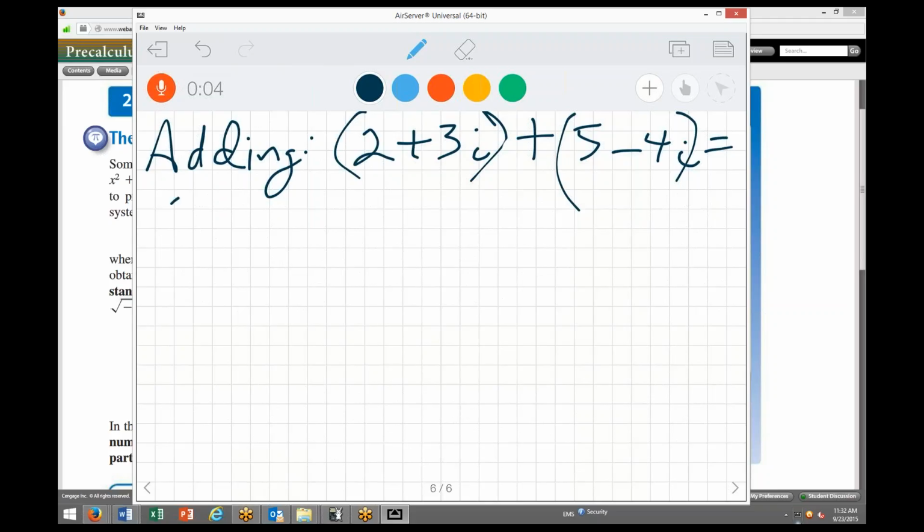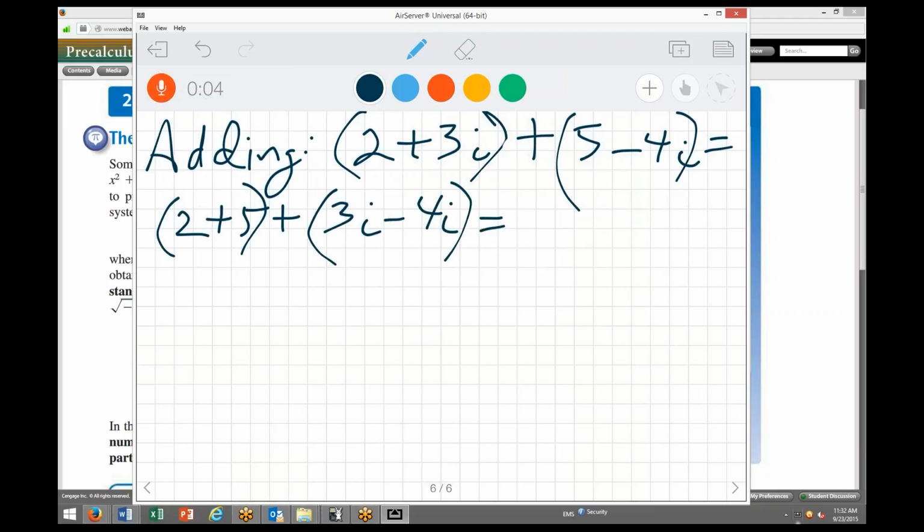So we just add the 2 plus the 5 plus the 3i, and of course it's negative 4i. And so our final answer is 2 plus 5, which is 7, and 3i minus 4i, algebraically adding the positive 3i and the negative 4i, becomes negative 1i.